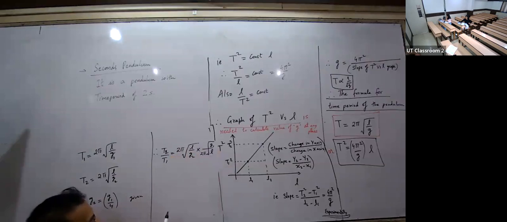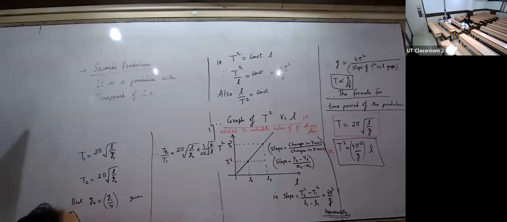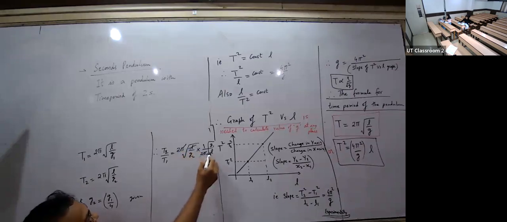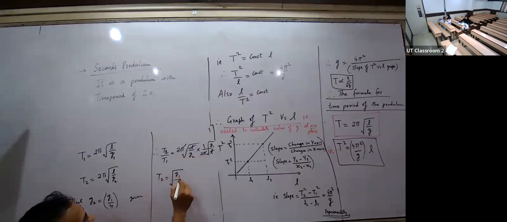This is how it is when you divide. Okay, so 2 pi gets cancelled, L also will get cancelled. So we have T2 is equal to root of G1 upon G2 times T1. T1 goes that side.